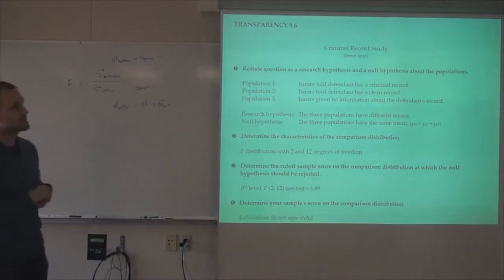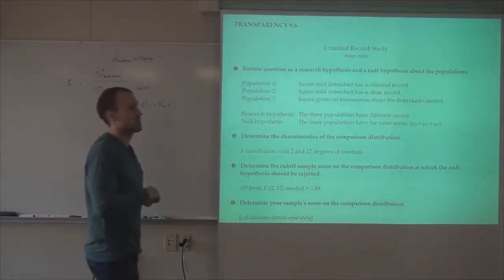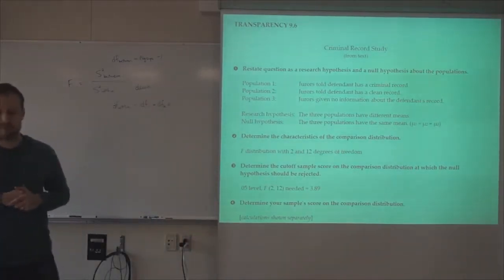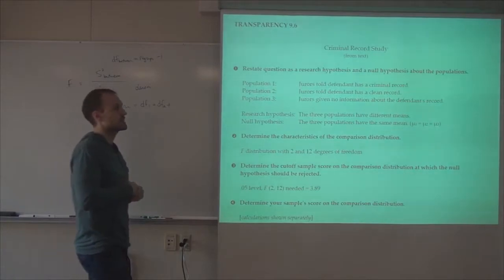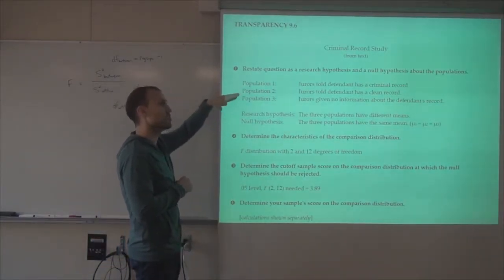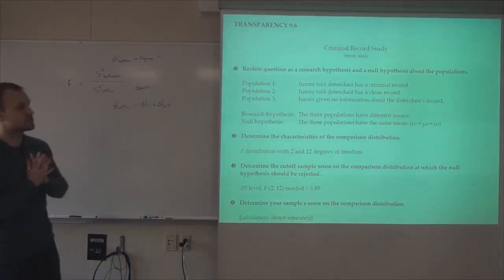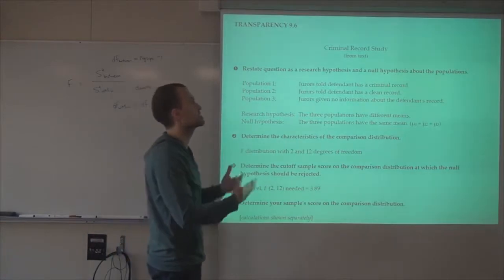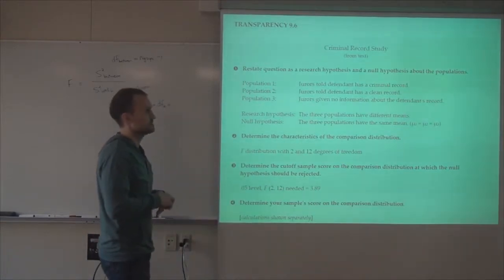And population 3 is the group that's given no information about criminal record or clean record. They have no information. And the question is, is any group more likely to give a guilty rating, a guilty decision for the defendant?